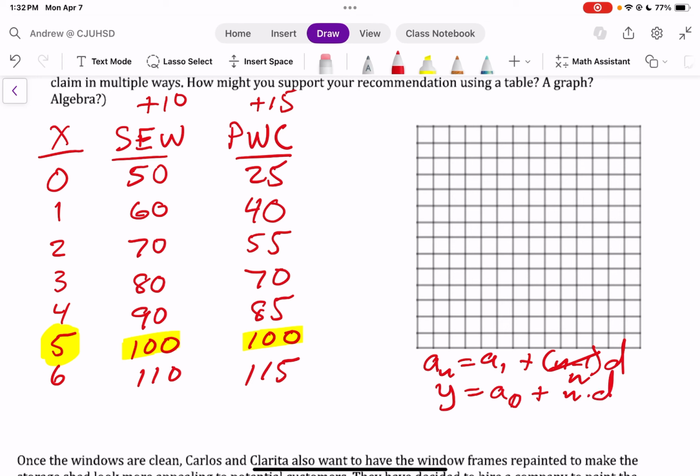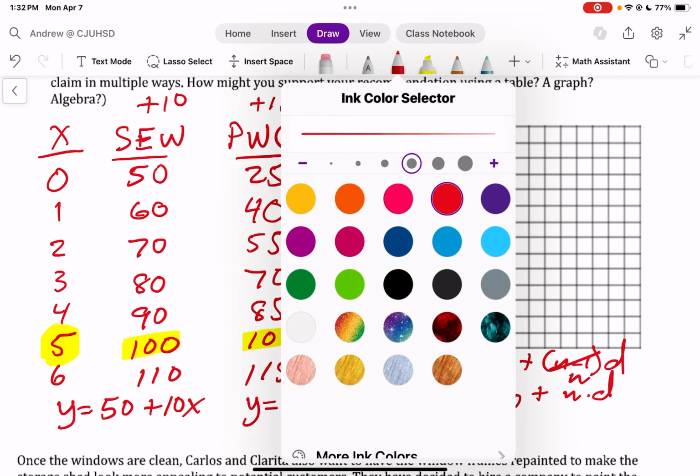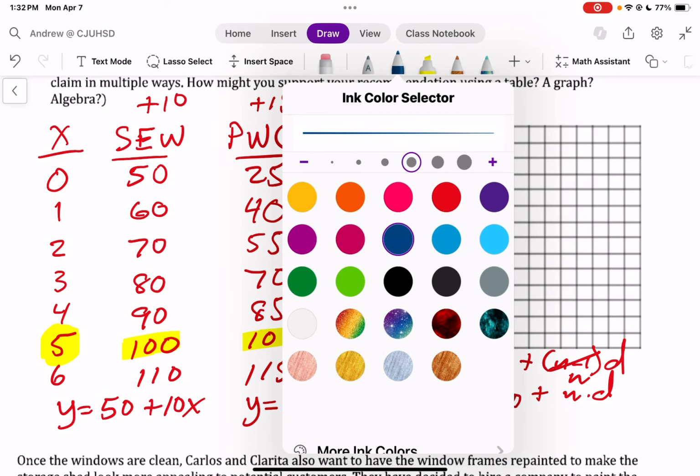So for Sunshine windows, that would be something like y equals, and then it starts at 50 and goes up 10 for each window. And for Painless windows, that would be something like y equals, starts at 25 and it goes up by 15 each window. Now, when you do this on Desmos, it likes to color the lines different colors.